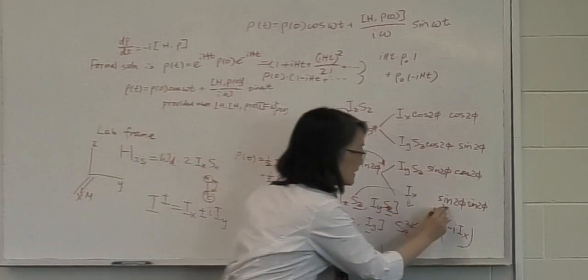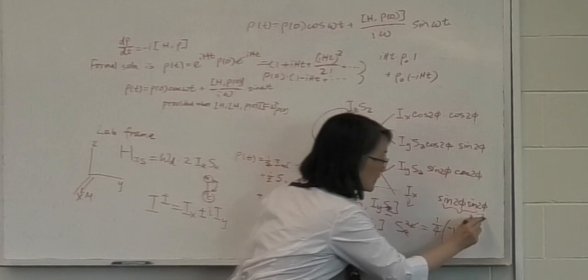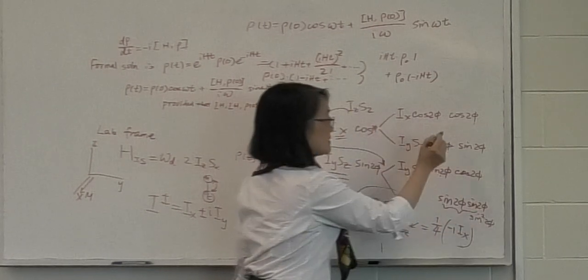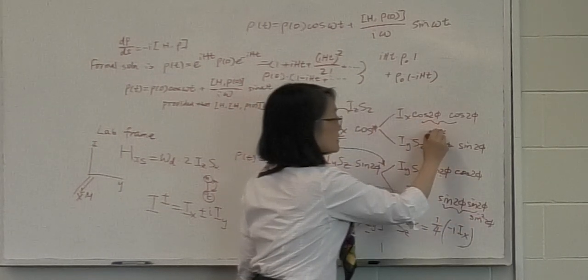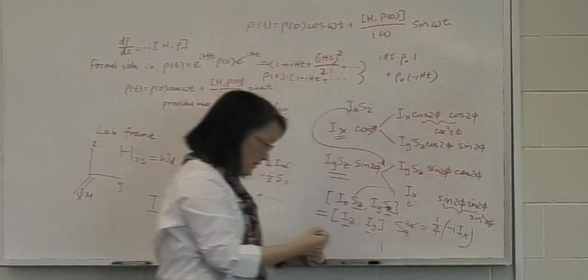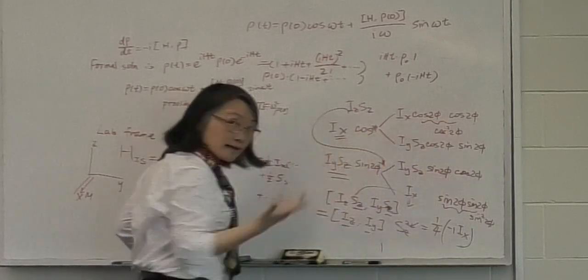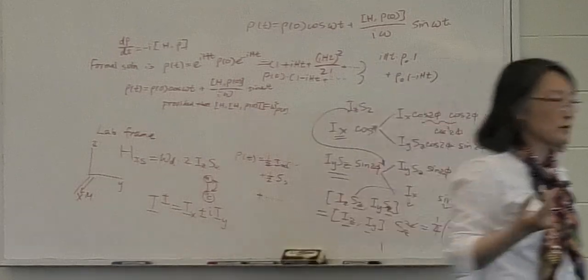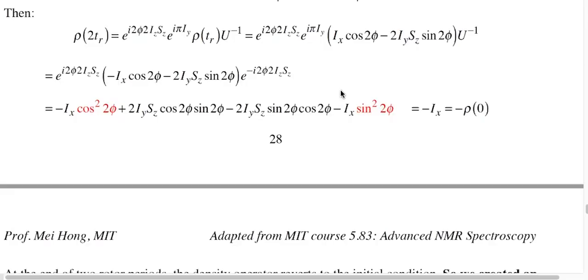Okay, and now this is nice. This is sine squared 2 phi. This is cosine squared 2 phi. And if they have the same sign, cosine squared plus sine squared would be 1. And that actually is the case, you do have the same sign. They both get minus. So you get minus IX.